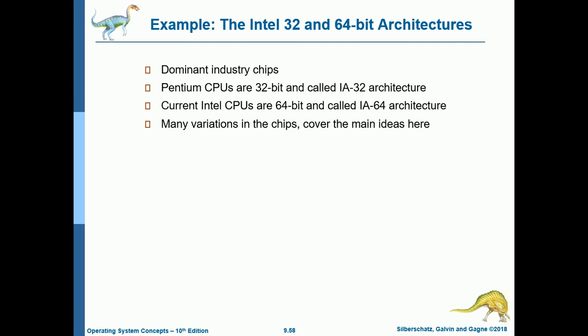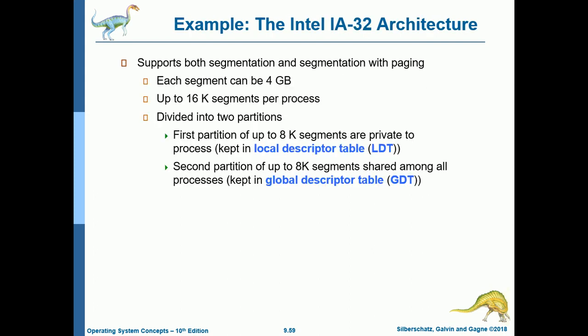Next, we have an example, the Intel 32- and 64-bit architectures. These are the dominant industry chips of Intel. Pentium CPUs are 32-bit and called the IA32 architecture. Currently, Intel CPUs are 64-bit and called the IA64 architecture. Many variations in the chips exist, but these cover the main ideas. The Intel IA32 architecture supports both segmentation and segmentation with paging.